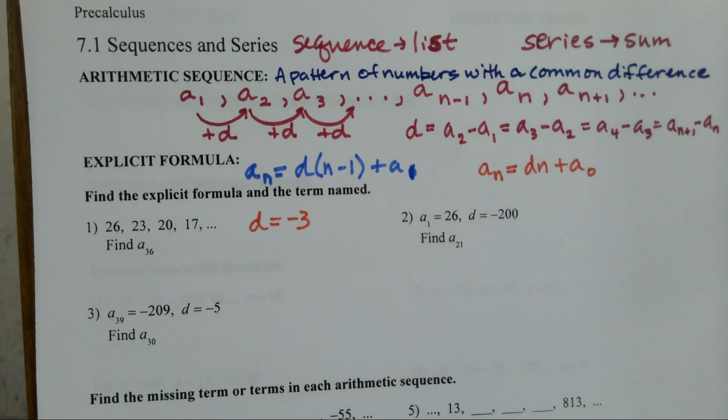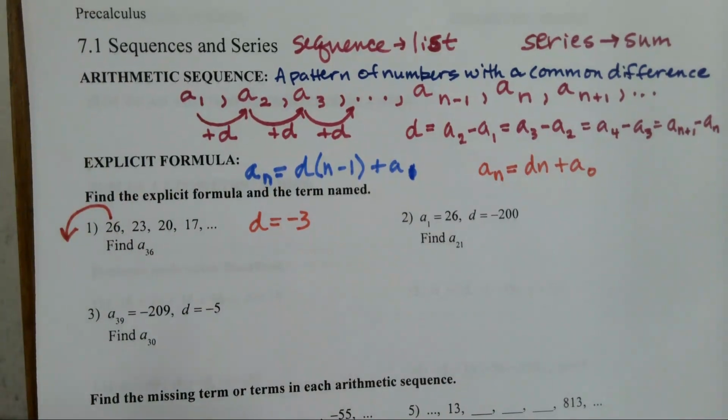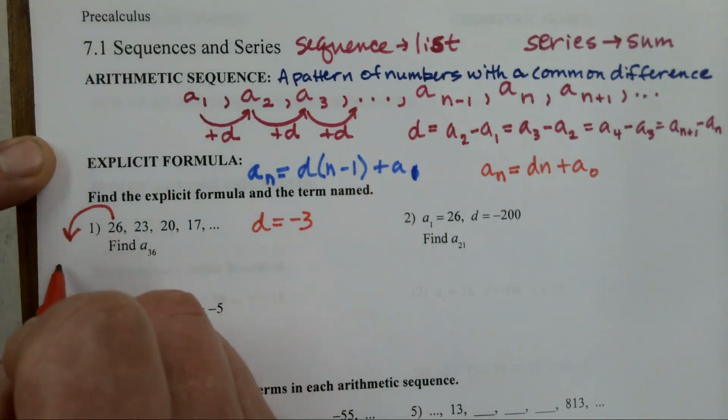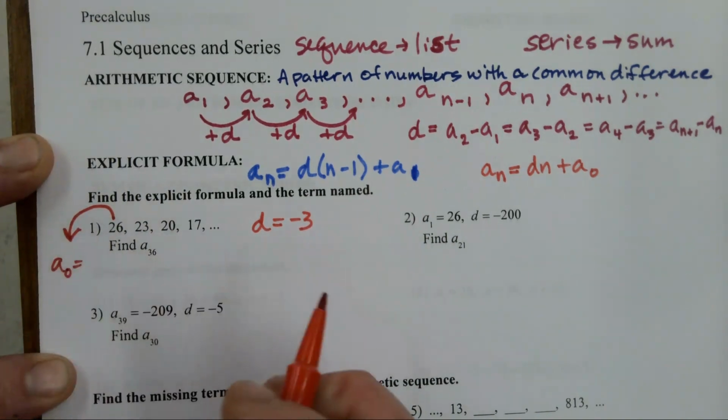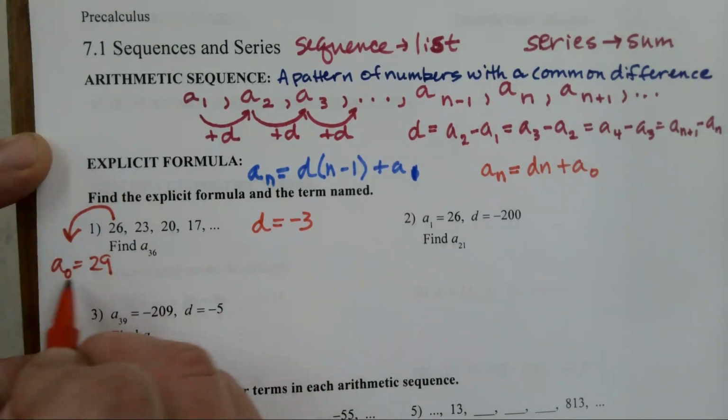But we can find it. If this had a number before 26, what would it be? It would be 29. And so that is my a sub 0.